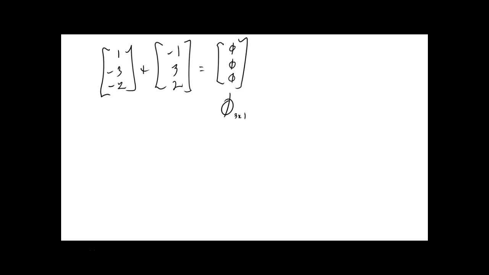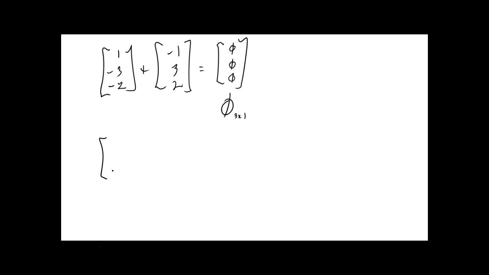That would add to the 0 matrix, then these would be additive inverses of each other. We usually don't refer to it that way because when we say an inverse of a matrix, we mean something else, and just to keep from confusing, we usually don't. But anyway, let's go on and look at D.